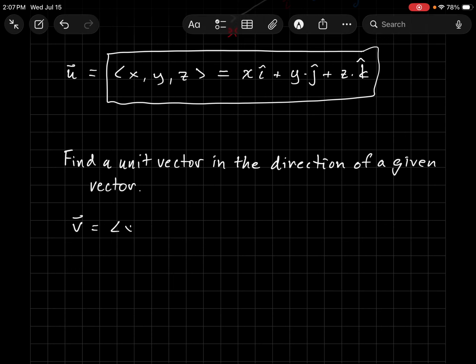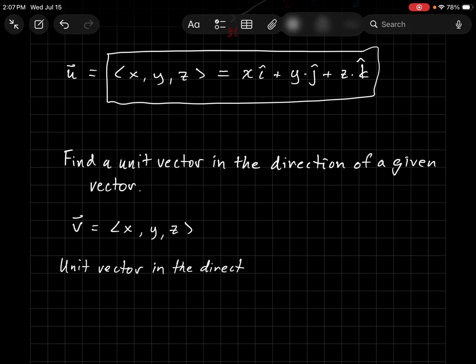I'll call this one x, y, z. And my claim is that a unit vector in the direction of v is going to be the vector v divided by the magnitude of v.